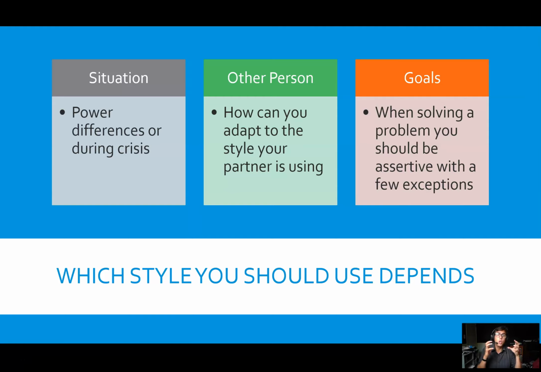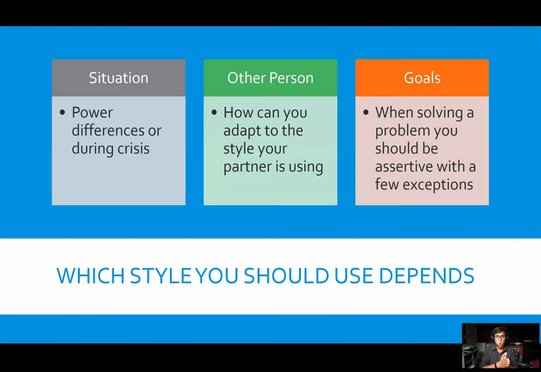Or if it is chronic that they always do that and you are never getting what you want because you're constantly accommodating, then you may want to go to competing. But it all depends on the person you're interacting with.